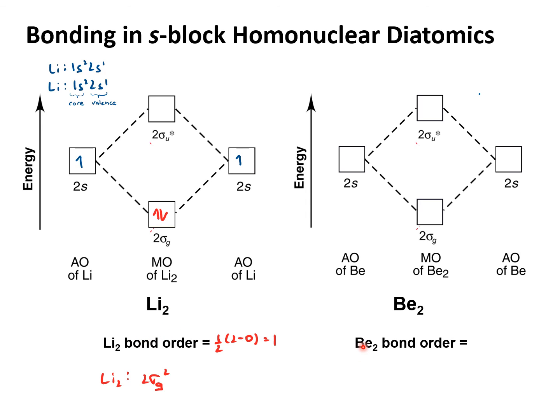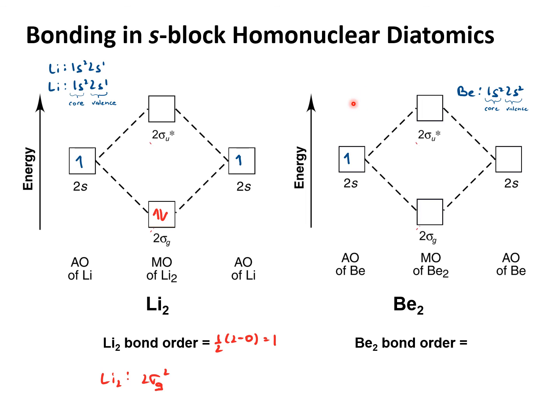Using the same approach, we can complete the MO diagram for Be2. Each beryllium atom has an electron configuration of 1s2, 2s2, and we can see that the electrons in the 1s atomic orbital are the core electrons, and the electrons in the 2s atomic orbital are the valence electrons. And indeed beryllium is in group 2, indicating it should have 2 valence electrons.